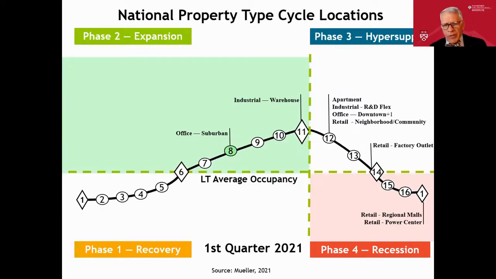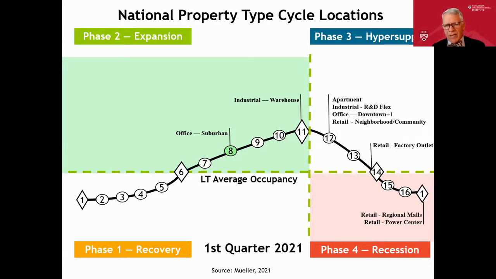Okay, so every quarter I put out a market cycle report, and what I do is I look at the major property types across the country and where the national average is. So at the end of first quarter 2021, you can see suburban office in the middle of the growth phase. A main reason for that is we saw a lot of companies decide to move out of downtowns to the suburbs to gain more space for the same or lower rents, and hence there was some good demand growth.